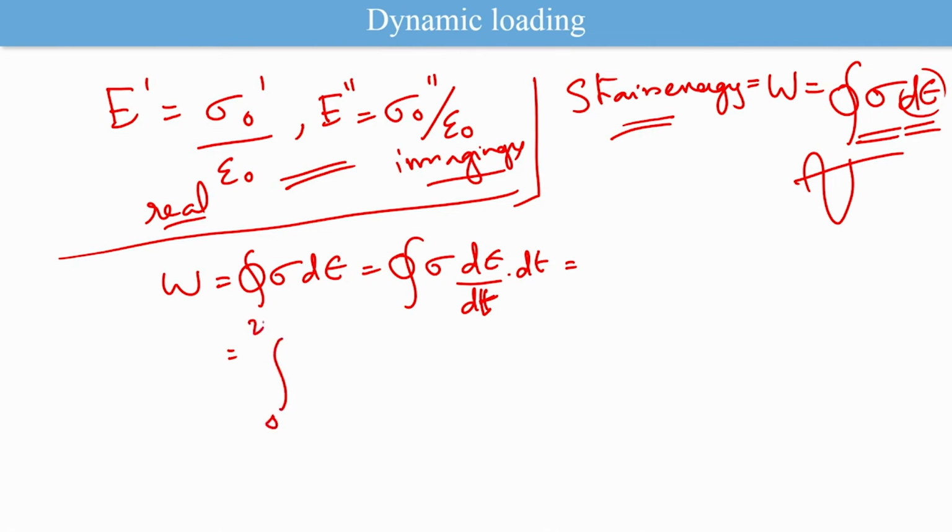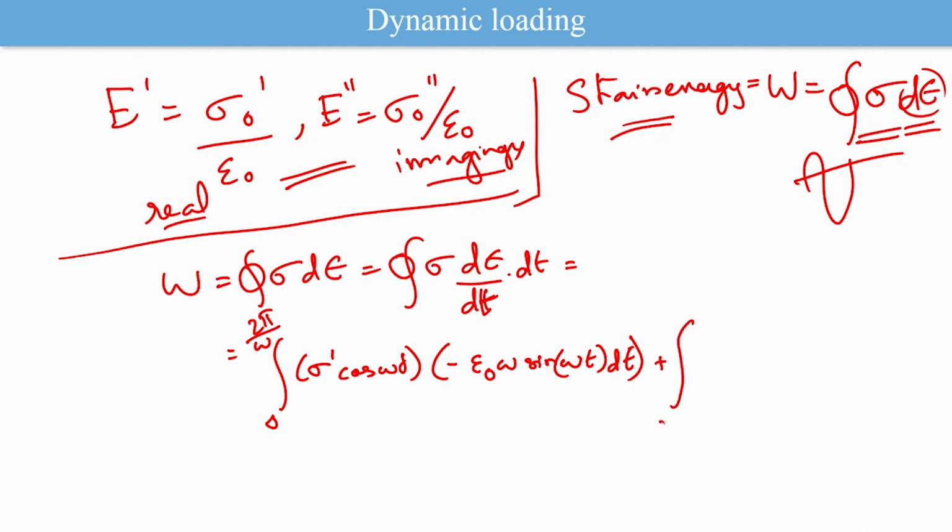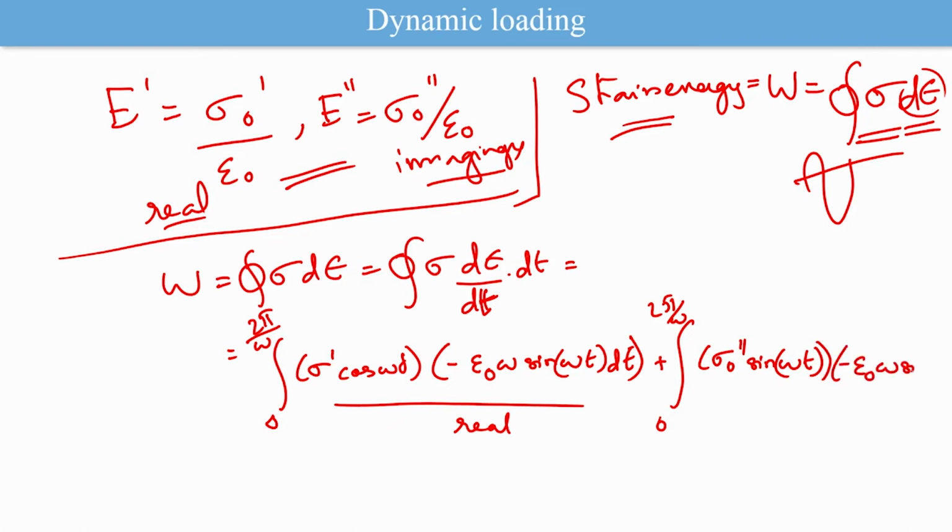For a single cycle, the period 2 pi by omega, so this is the real part, and this is the imaginary part.